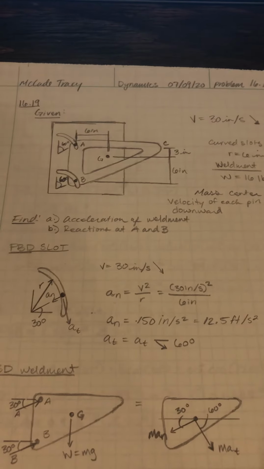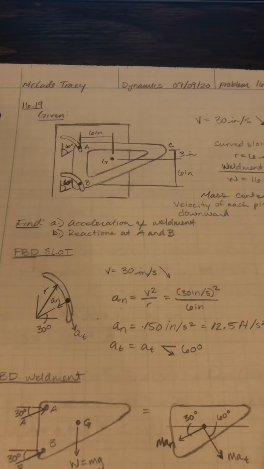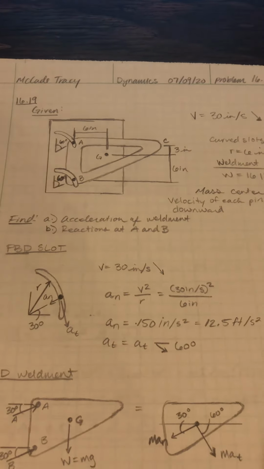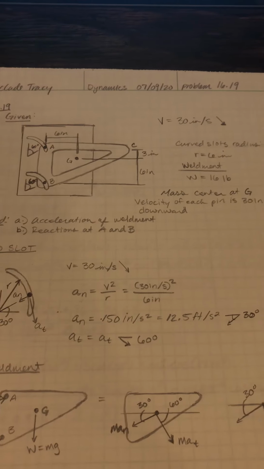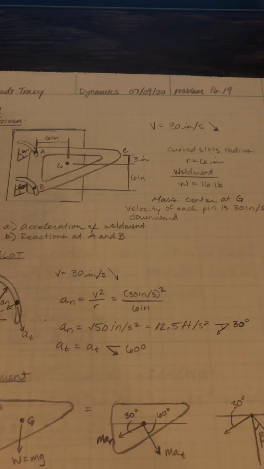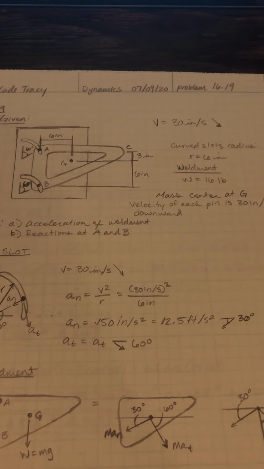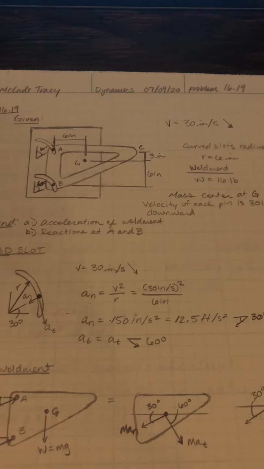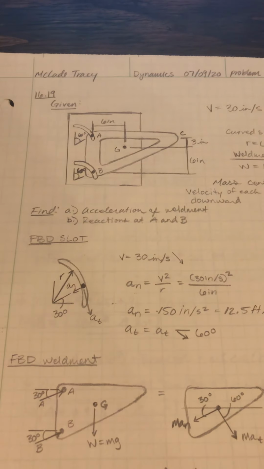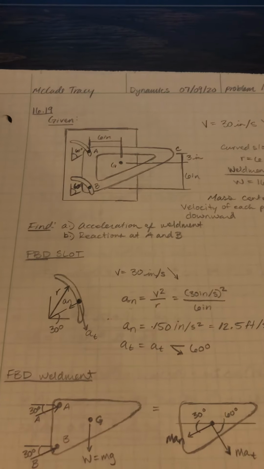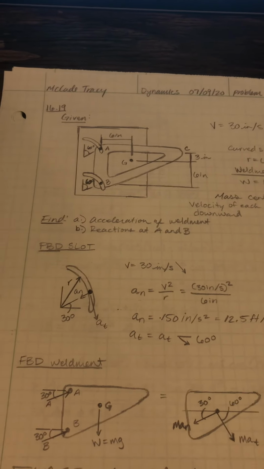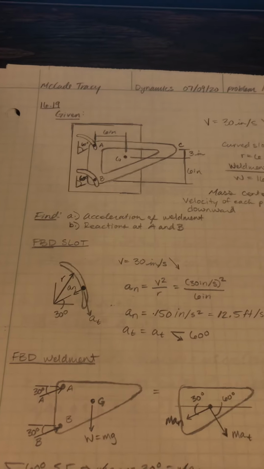Either way, we have the acceleration in the normal direction is equal to v squared over r. So we find that that is equal to 12.5 feet per second squared at 30 degrees in quadrant 3. And as we see from the free body diagram, we assume that the acceleration in the tangential direction is 60 degrees downward in quadrant 4.